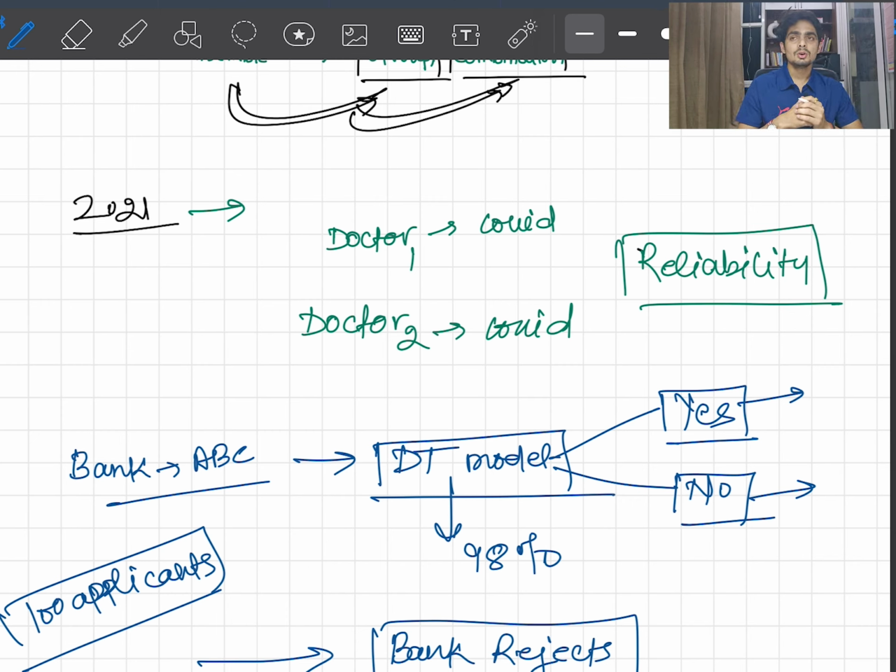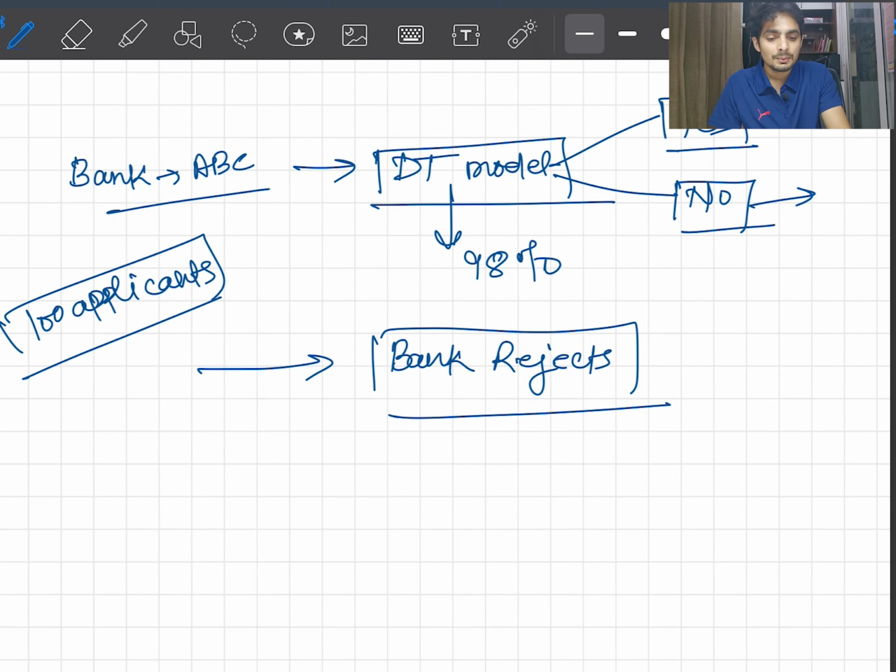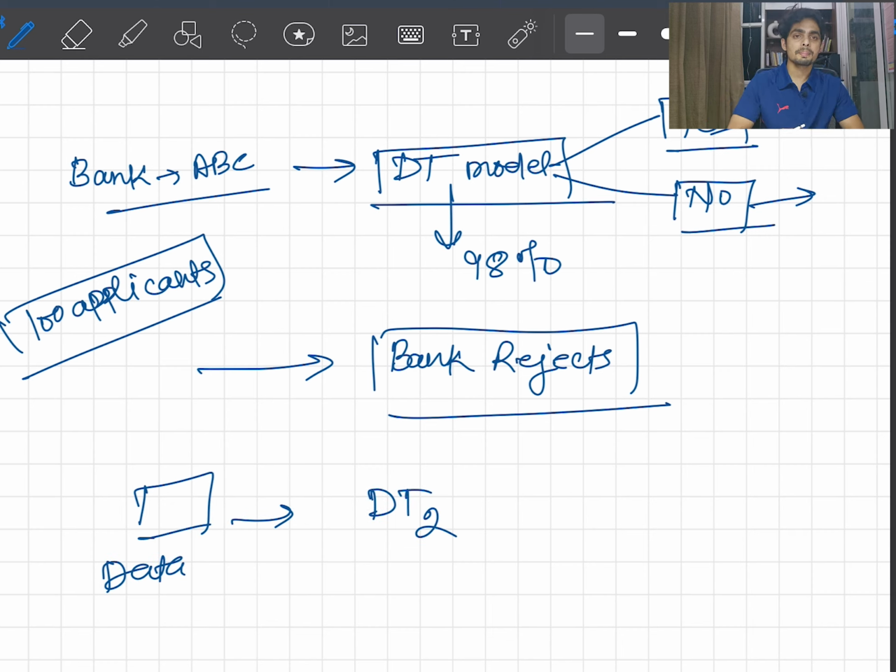You will still say, okay, maybe because this model has 2% error scenarios, there are high chances that my prediction is not accurate. Then what will you do? Pass my data to other models, this time some different decision tree, then check the prediction. Might be yes, might be no.